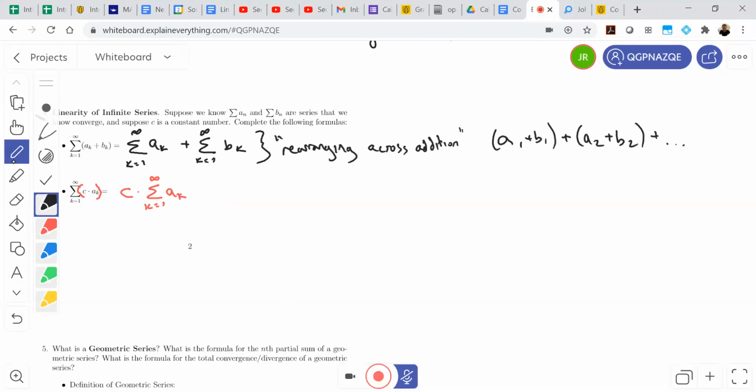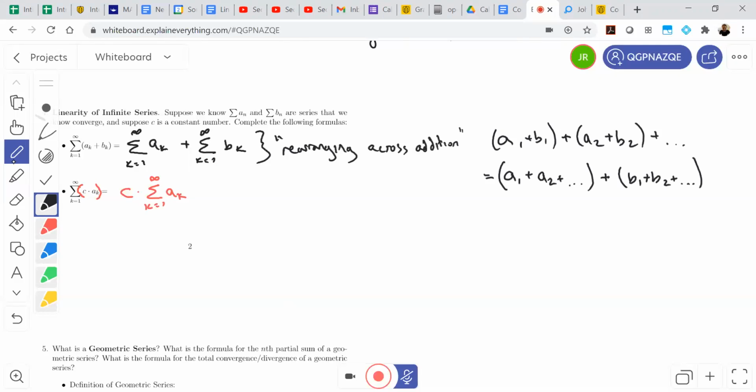So that's when we're plugging in k equals 1, then k equals 2, and so on. And that is just equal to, we're claiming, A1 plus A2 plus ..., so that's the sum of the A_k's, plus B1 plus B2 plus ..., the sum of the B_k's.